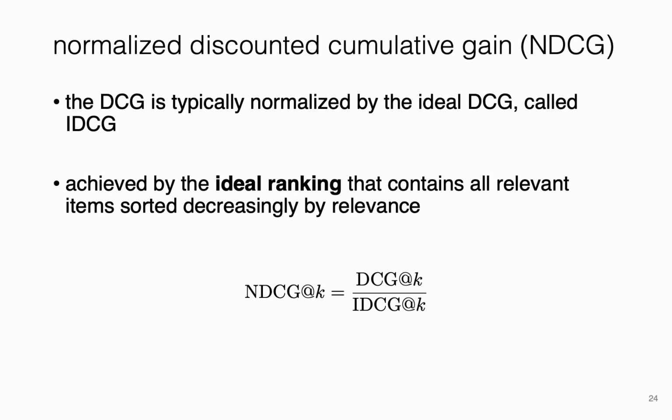This is the ideal ranking that contains all relevant items at the top of a list, sorted decreasingly by relevance. Then, the normalized DCG at k, or NDCG at k, is the DCG at k divided by the ideal DCG at k.